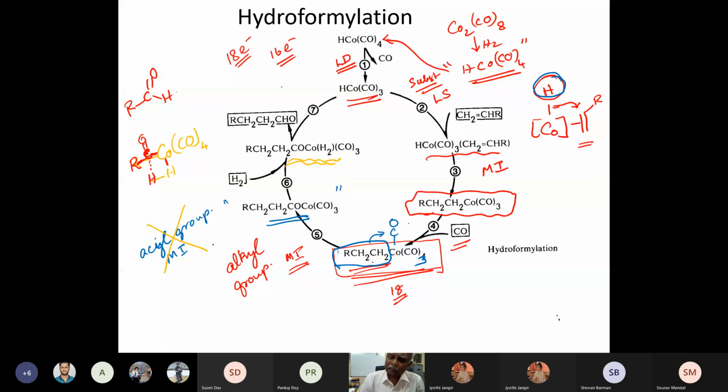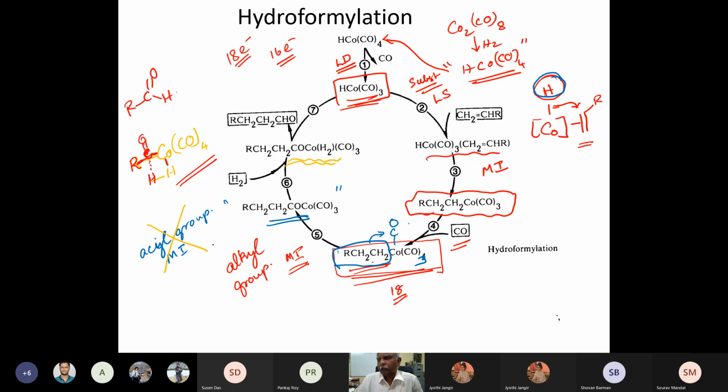That HCo(CO)4 is a species which, of course, is still written here as a coordinatively unsaturated intermediate. That's fine. This would be in equilibrium with this, and it would lead to the regeneration of the catalytically active species, which is HCo(CO)3.